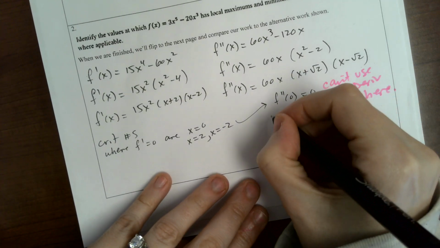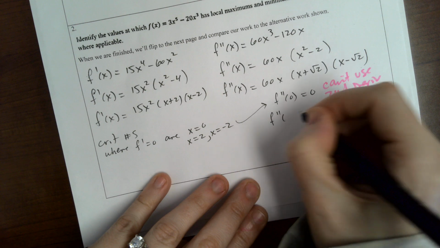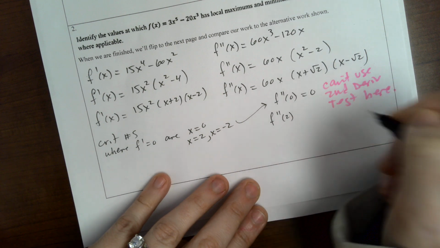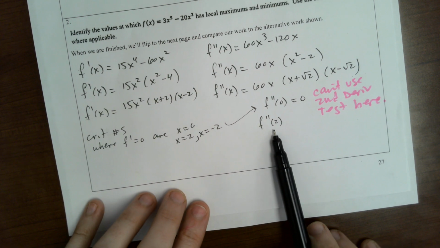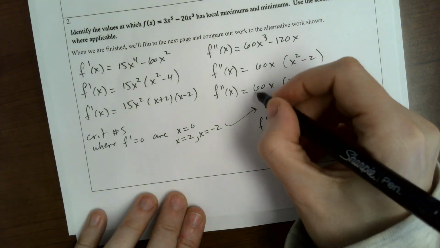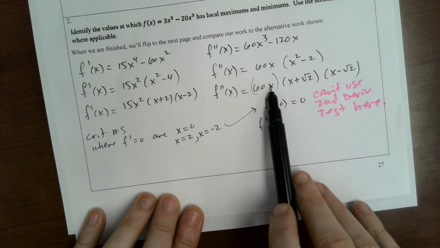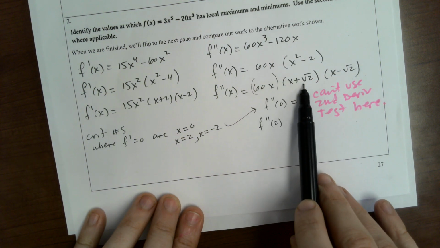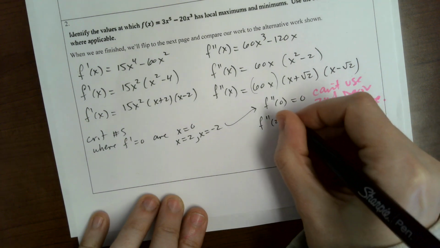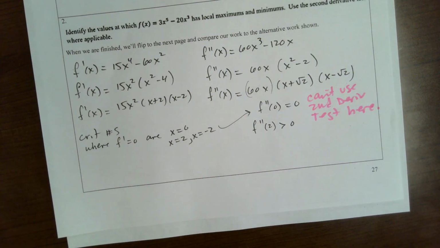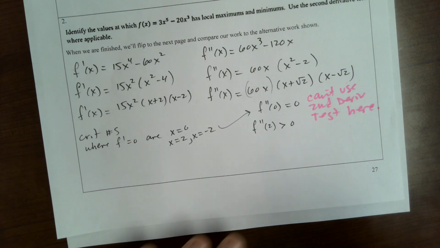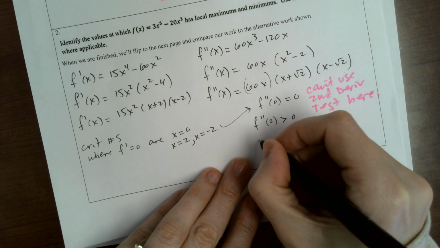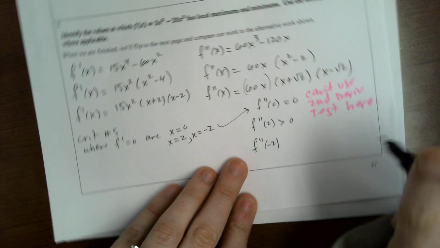Okay, so f double prime of, I'll do positive 2 first, and I only care about a positive or negative outcome, so let me look. Positive, positive, positive, greater than 0. Okay, so my concavity at 2 on f is up, concave up. Okay, now let's do f double prime of -2.